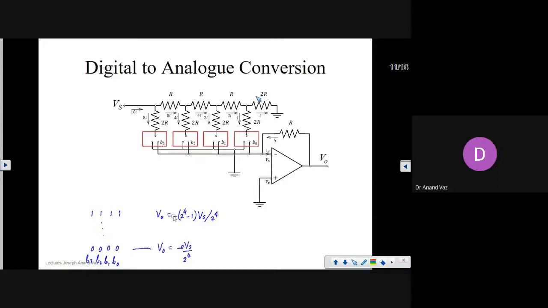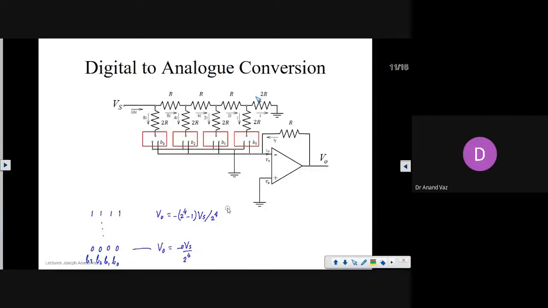Of course, you are not able to realize Vs itself fully because when you have all ones here, it's corresponding to 15. Okay, but you can see that depending upon the bit pattern that you have here, you will get a corresponding output voltage between 0 and Vs.